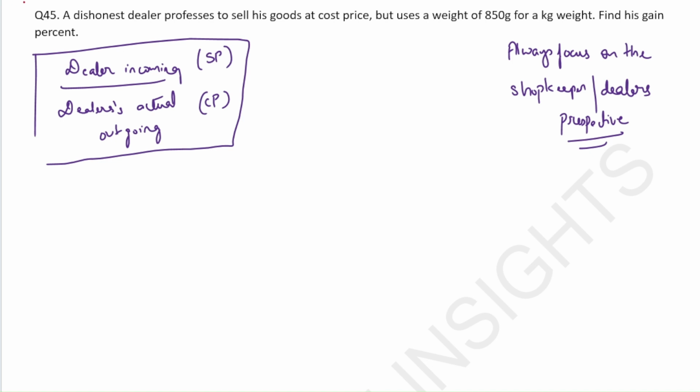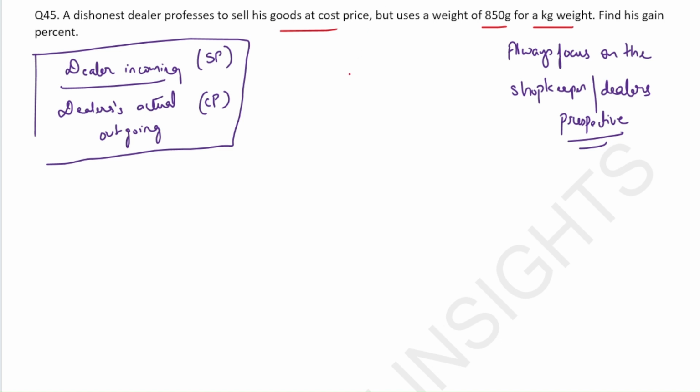So let's do this question. A dishonest dealer professes to sell his goods at cost price, but he uses a weight of 850 gram for a kg weight. Find his gain percent. So that means this dishonest dealer is saying that he is selling his goods at cost price, right?